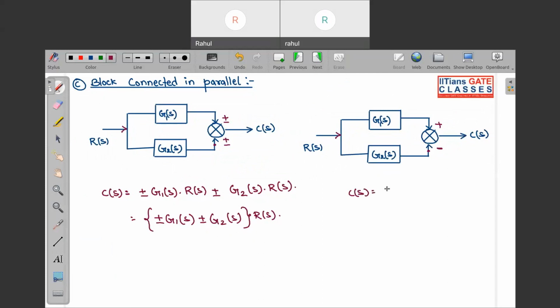It will be equal to R(s) into G1(s) minus R(s) into G2(s). So this will be equal to R(s) common, G1(s) minus G2(s). Okay, so simply we are subtracting according to the sign given in the comparator.